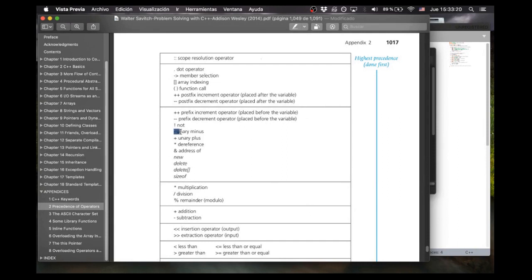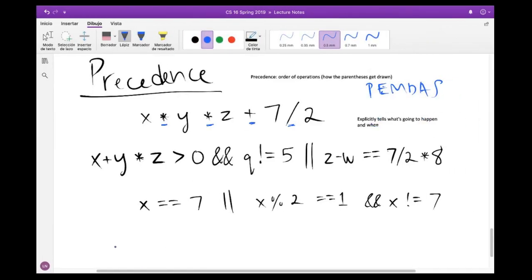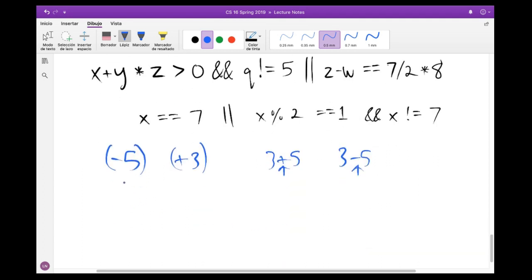Notice that this is called a unary minus and a unary plus, and that's like changing the sign of something. That would be like minus 5 or plus 3 just by itself without anything. 3 plus 5 and 3 minus 5, the plus and the minus here, these are binary operators, okay?